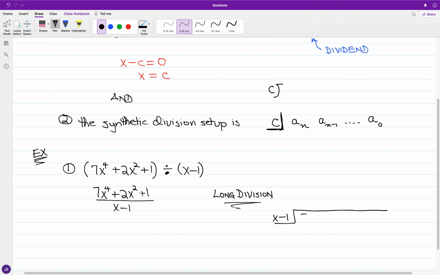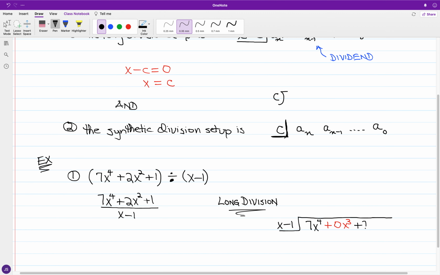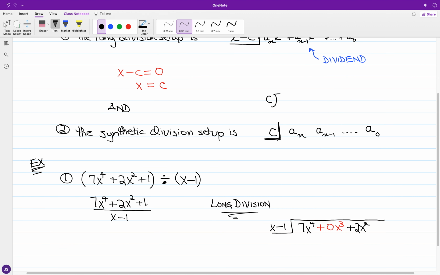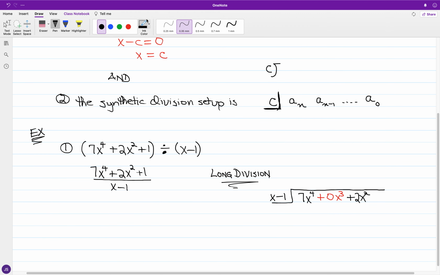So we have 7x to the fourth. The next term in the dividend is 2x squared, so we are missing an x cubed term, and I want to use a 0 placeholder. Then we have plus 2x squared. We do not have a first order x term, so I'm going to use another 0 placeholder, plus 0x, and then finally plus 1.